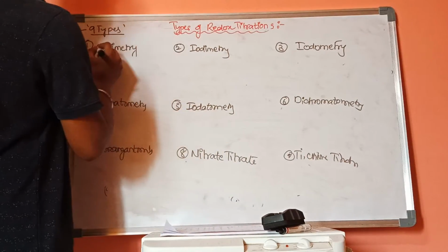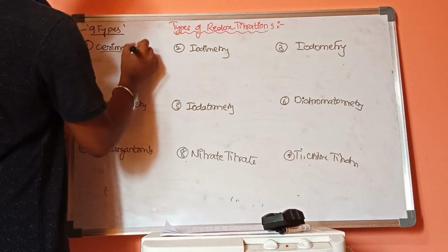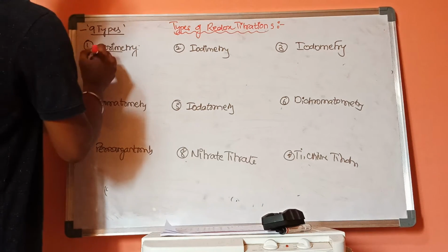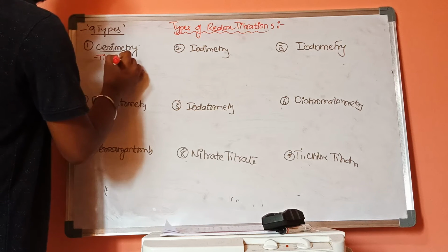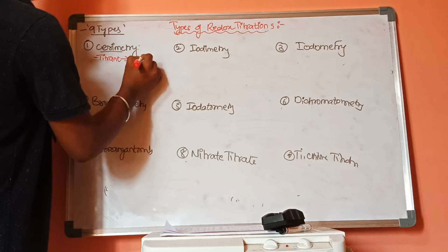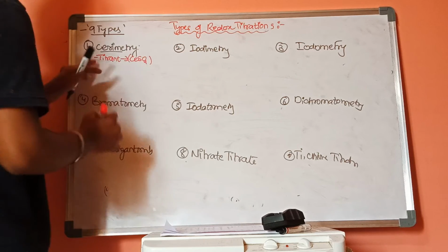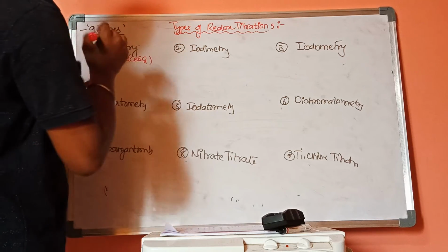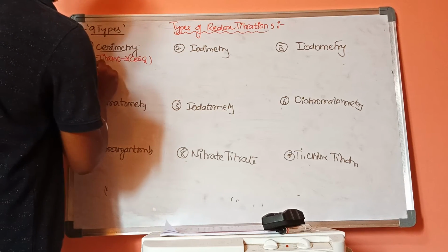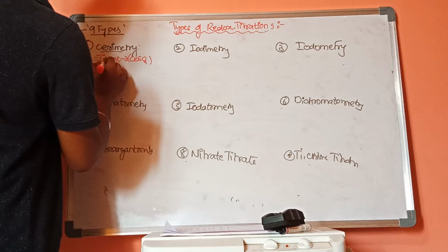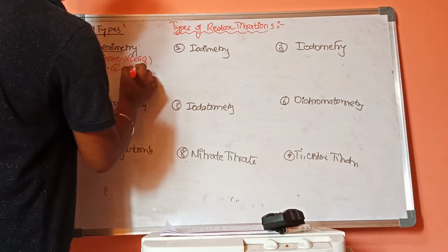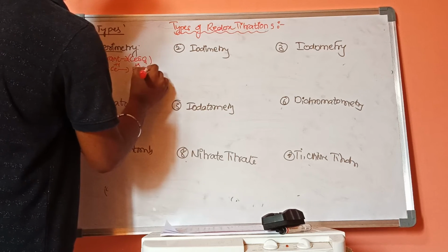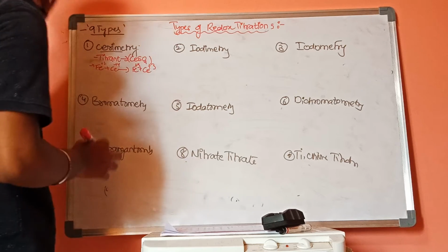In cerimetry, the titrant is cerium(IV). Let us take a reaction: Fe2+ reacts with Ce4+ to form Fe3+ plus Ce3+.